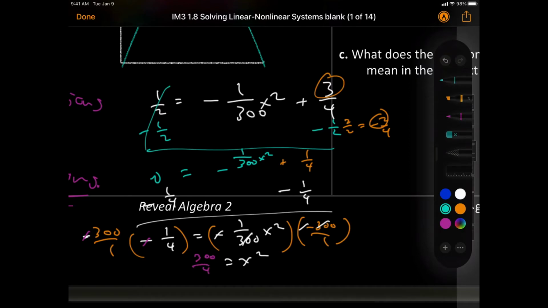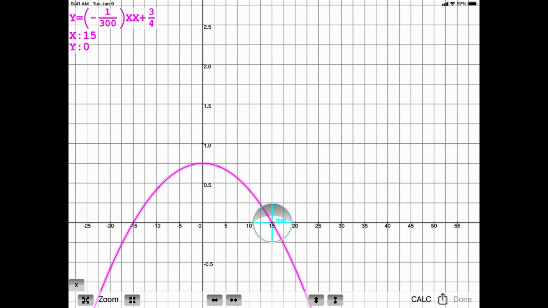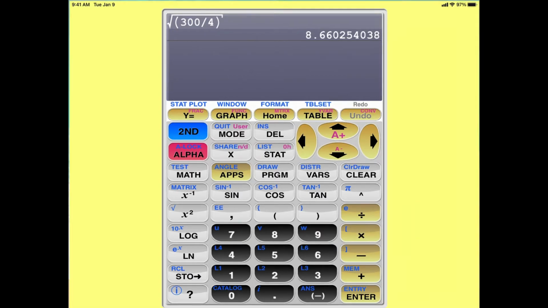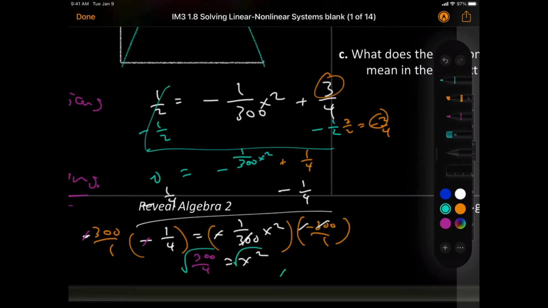And if you just took the square root of that, you can just, let's do it together. 300 over 4. Second, x squared. 300 divided by 4. Press the enter key, and you have about 8.67. So plus or minus 8.67.